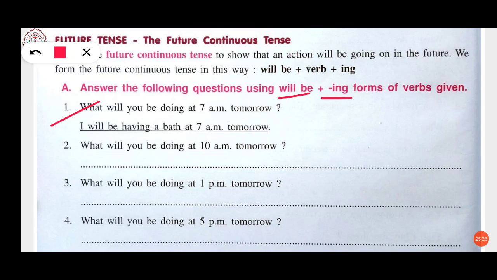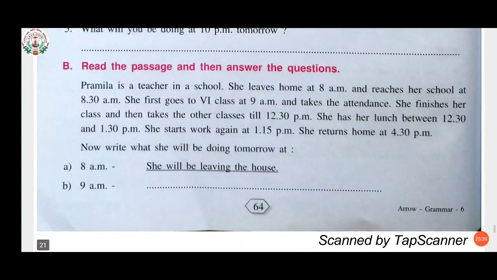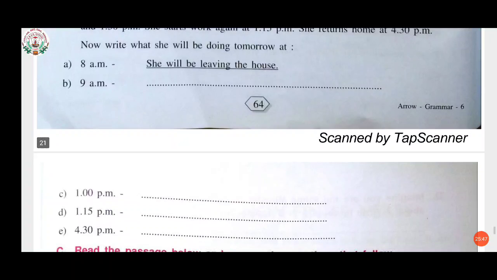tomorrow. Second one, what will you be doing at 10 a.m. tomorrow? I will be taking breakfast at 10 a.m. tomorrow. So like this you will write. Now again students, read the passage given. A small passage is given. You have to just write in your book.